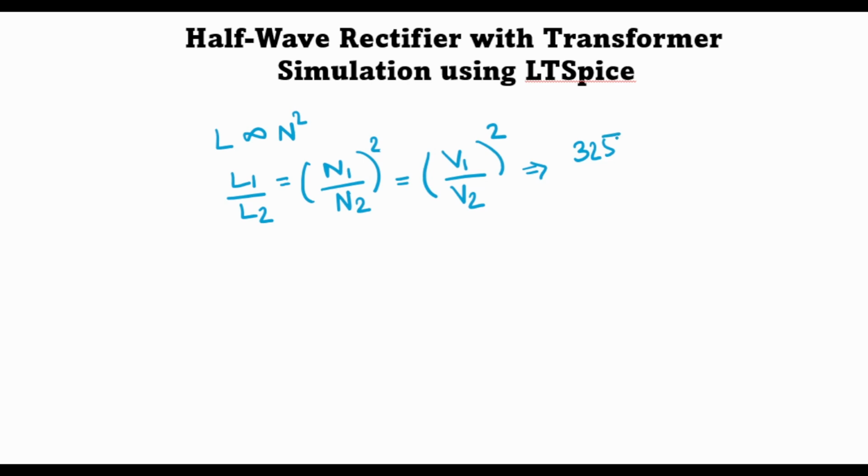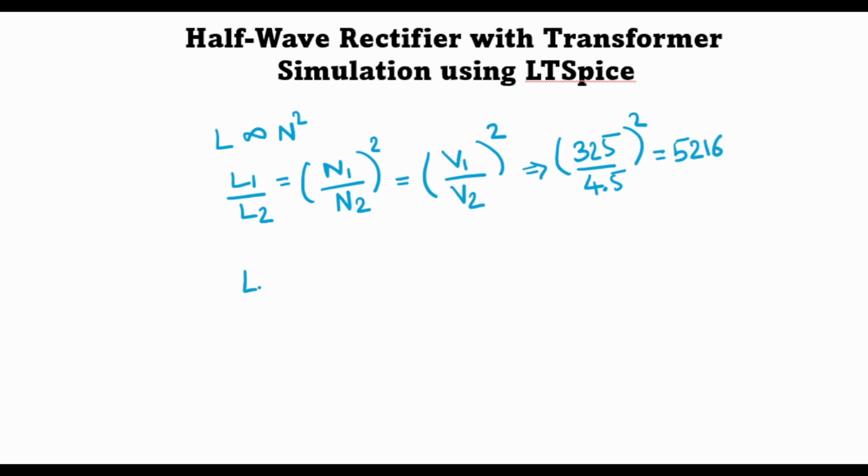So putting in the values, the ratio of inductances that we need is 325 volts peak divided by 4.5, squared. So this equals 5216.